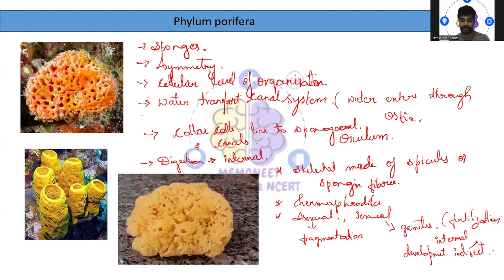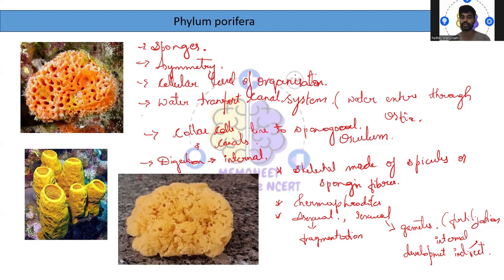Indirect means there will be a larval stage, which is morphologically distinct, that is, different from its parent. You are seeing the parents here, that means the adult, matured Porifera. But during its initial stage of development, it will show a larval stage. So its initial stage will be totally different and not identical to its parents. That is all about the Porifera.